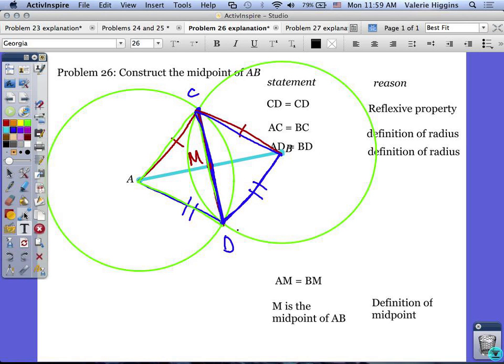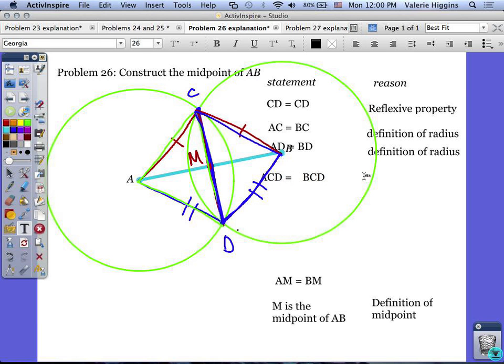ACD is congruent to BCD by what, CPCFC? Triangle ACD is congruent to triangle what? BCD. By what reason?